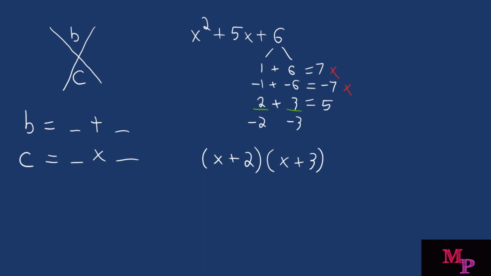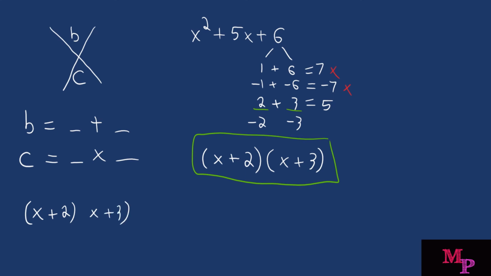And if you want to go ahead and prove this, what you can do is just multiply them back together, right? So let's go ahead and do that. So we're going to have x plus 2 times x plus 3.